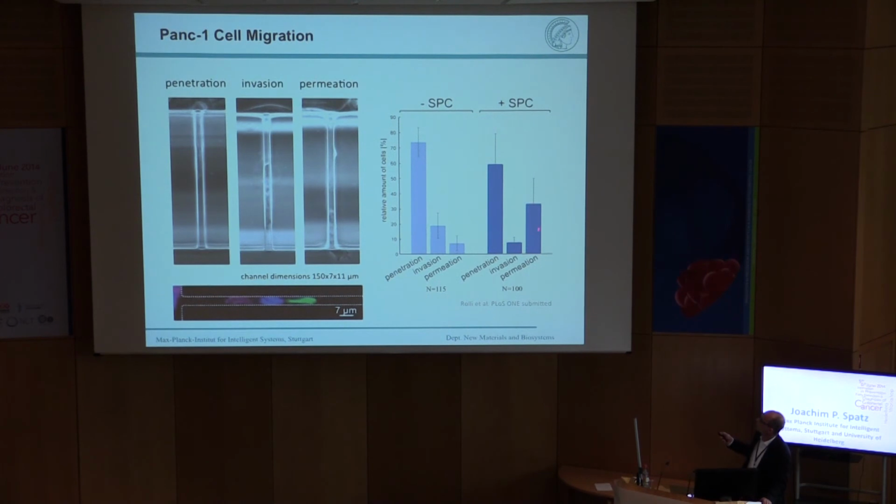But if you add SPC, then this goes up, so more cells penetrate to the other side. So that's how we quantify somehow in the lab invasiveness. Of course, there are other ones and more in vivo relevant, but this somehow allows really to look also on molecular mechanisms, what's happening in such tiny pores with certain molecules or structures like the intermediate filaments.